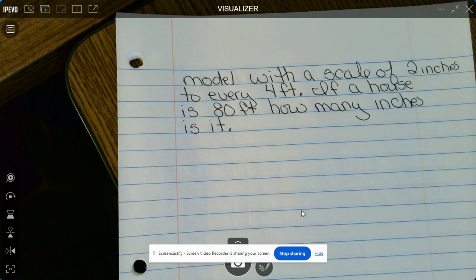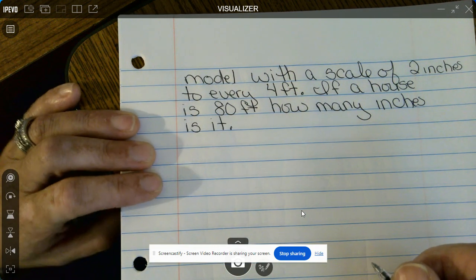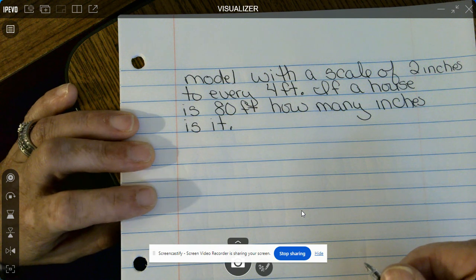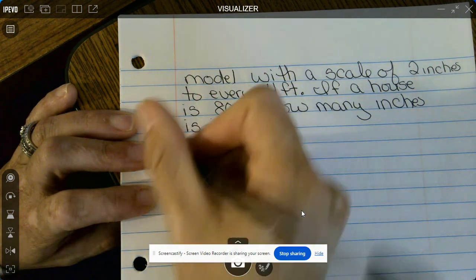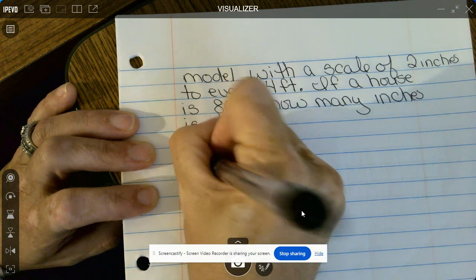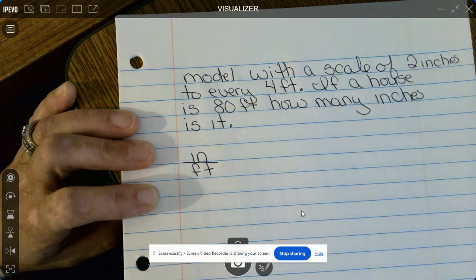So pull out what you're comparing. What are the 2 things that we're comparing? We can do inches over feet. If you do feet over inches, just make sure everything still aligns.